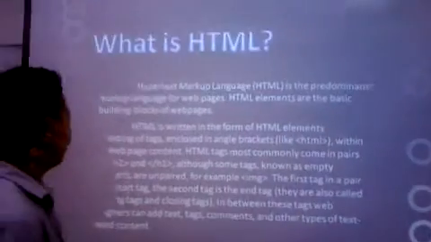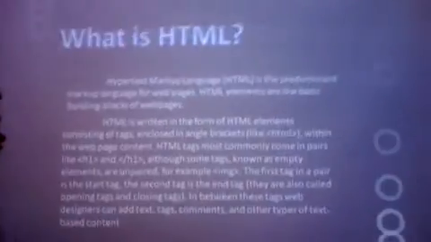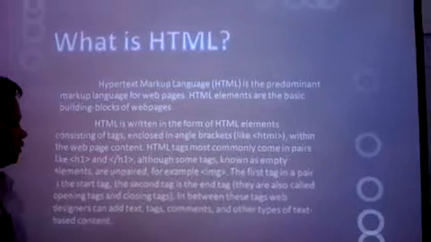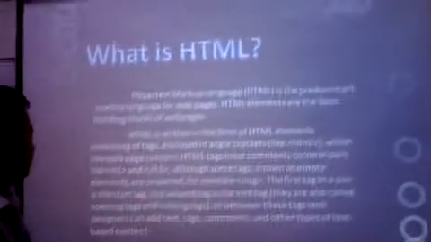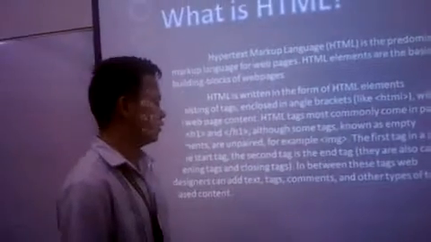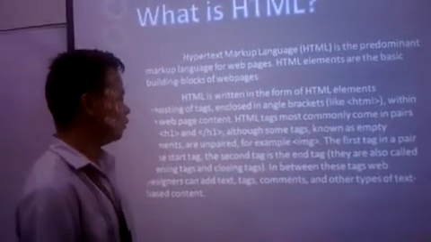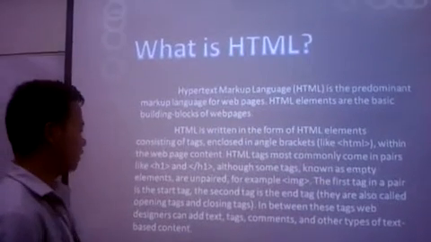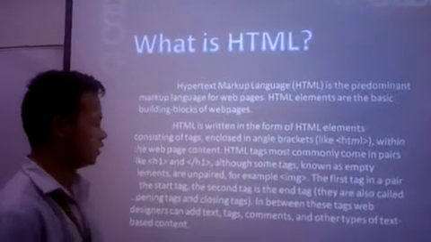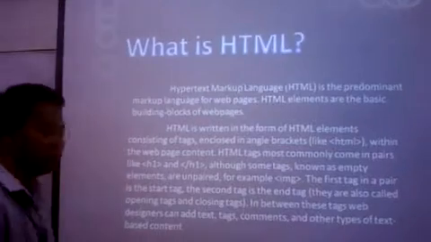The first tag in a pair is the start tag. The second tag is the end tag. They are also called opening tags and closing tags. In between, the designer can add text, tags, comments, and other types of text-based content.